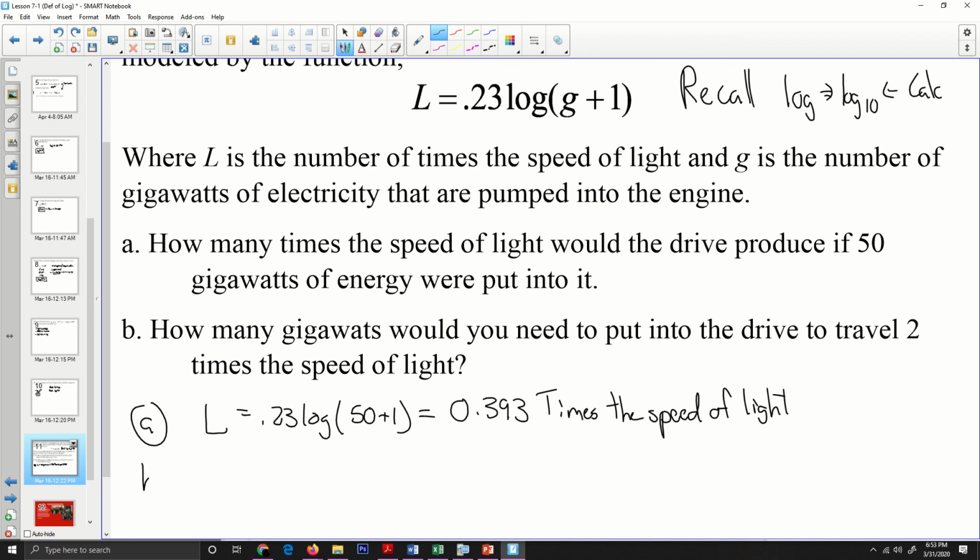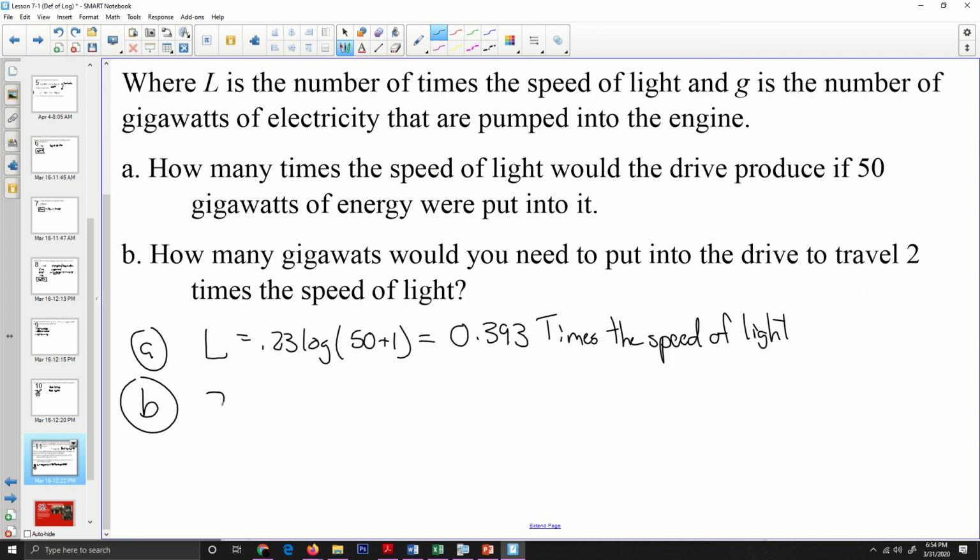So part B says, how many gigawatts, so I'm looking for G, would you need to put in the drive to travel 2 times the speed of light? So 2 times the speed of light, again, I'm plugging in, so I'll have 2 equals 0.23 log of G plus 1. So I have to solve this thing.